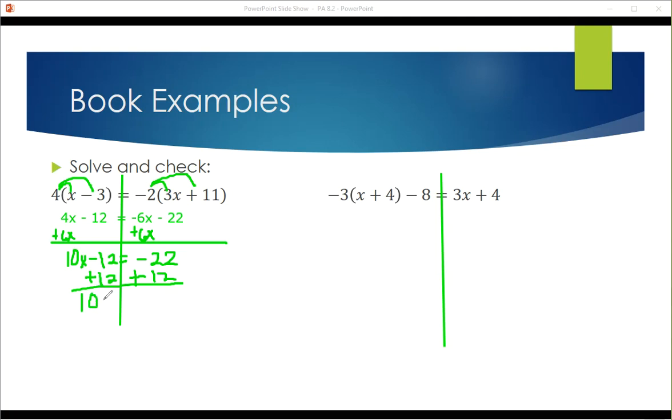So I would have 10x is equal to negative 10. Divide by 10 on each side. So I end up with x is going to be equal to negative 1. And that's your answer for this one.